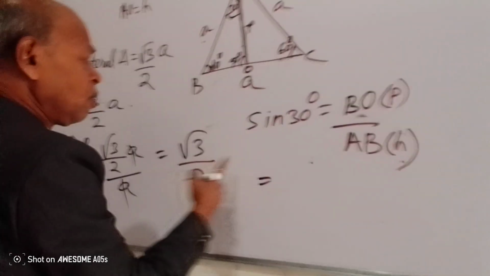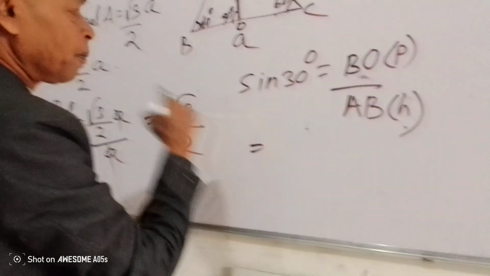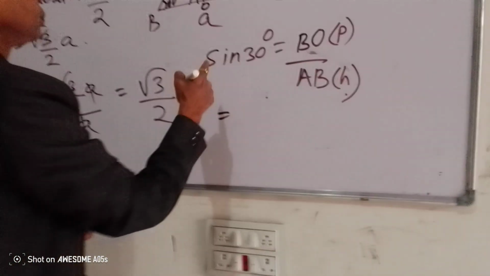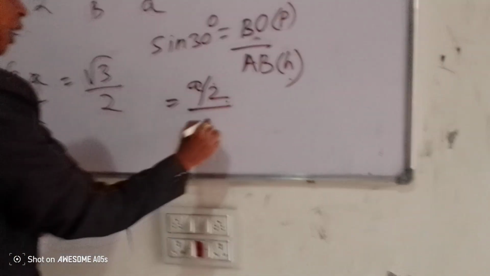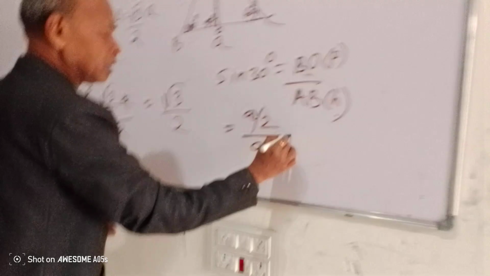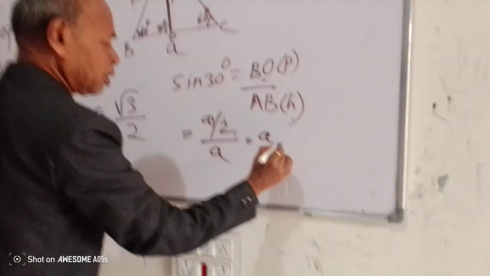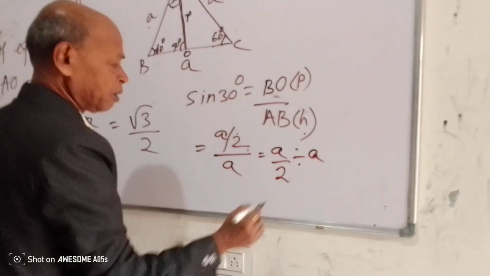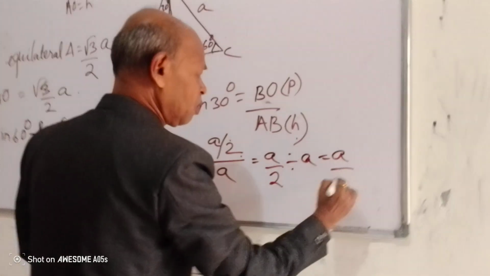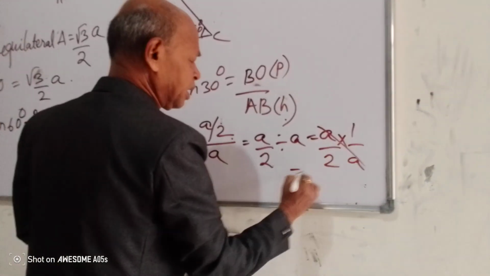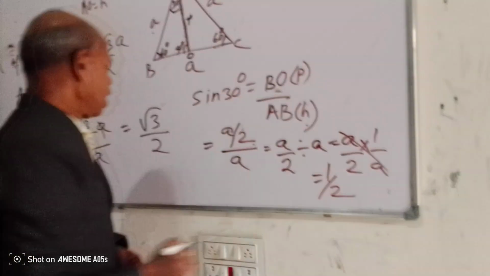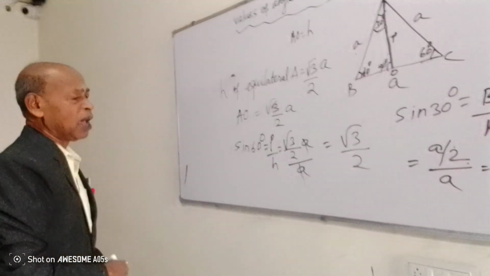BO is equal to a by 2. It is half of this side. And AB is equal to a. So this will be a by 2 divided by a, means a by 2 into 1 by a, which is half. Sin 30 is equal to half.